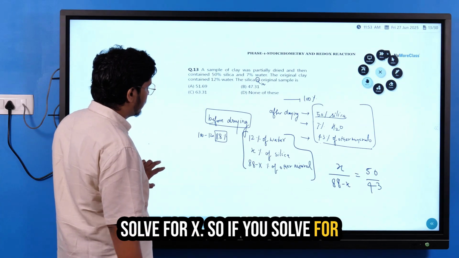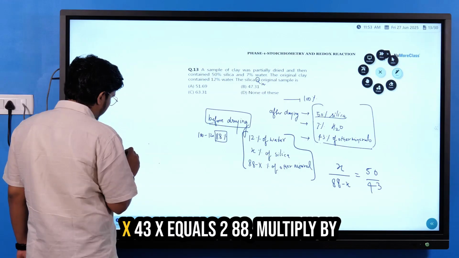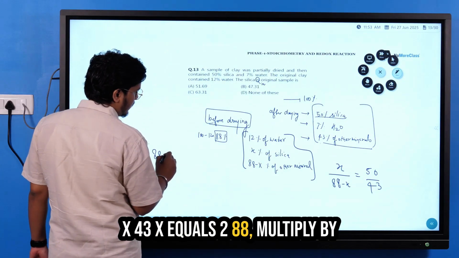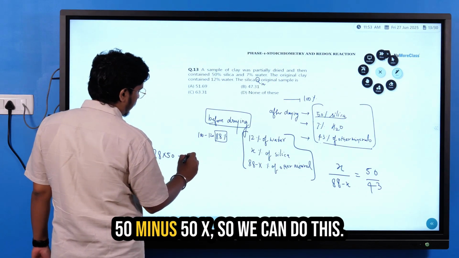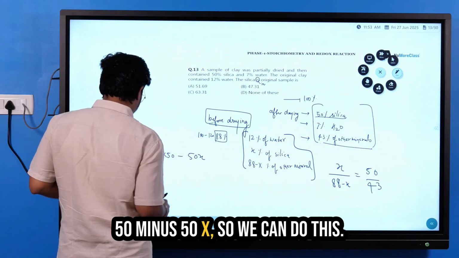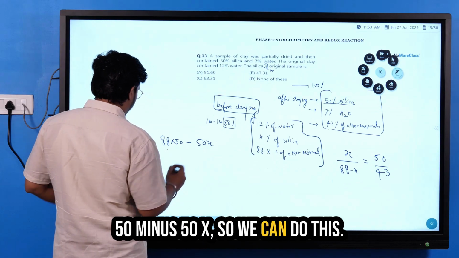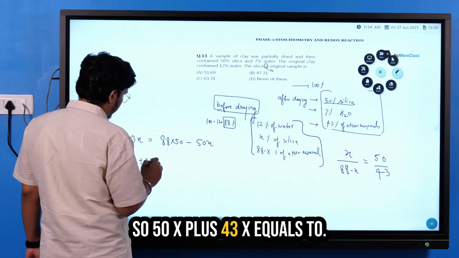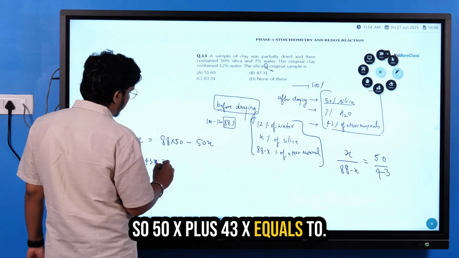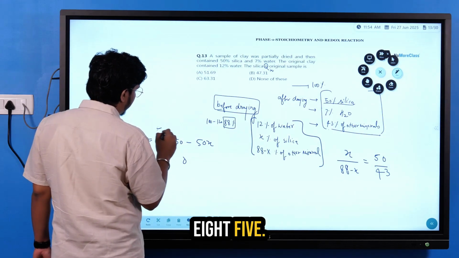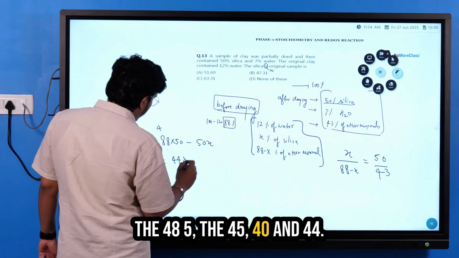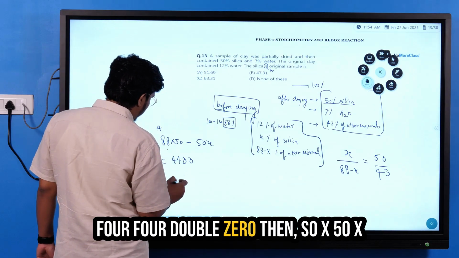If you solve for X, 43 X equals 88 multiplied by 50 minus 50 X. So 50 X plus 43 X equals 88 times 50, which is 4400.